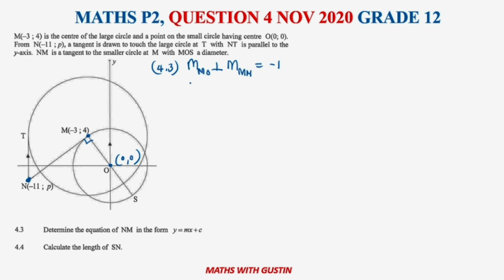Therefore, let's start with this one here. Gradient of MO, because we already know the coordinates here, is going to be given by y at M minus y at O, all over x at M minus x at O. I know you're thinking, what if I use y2 minus y1 all over x2?